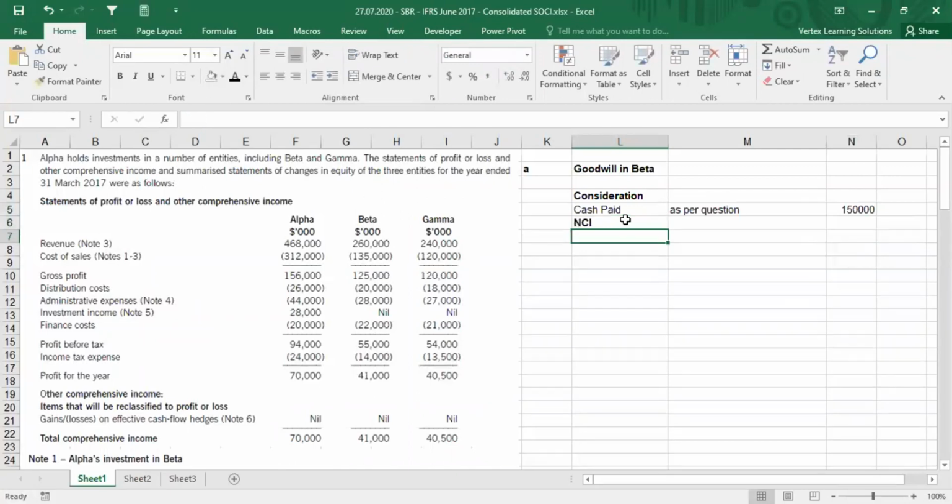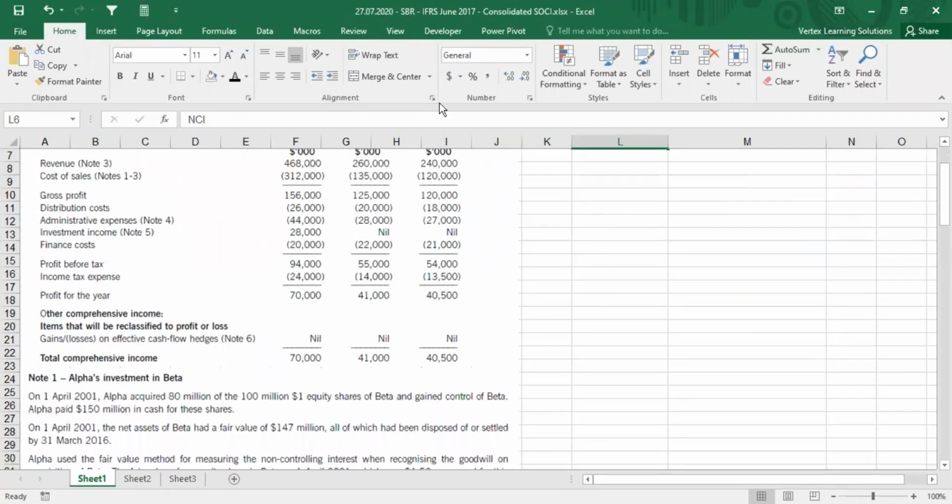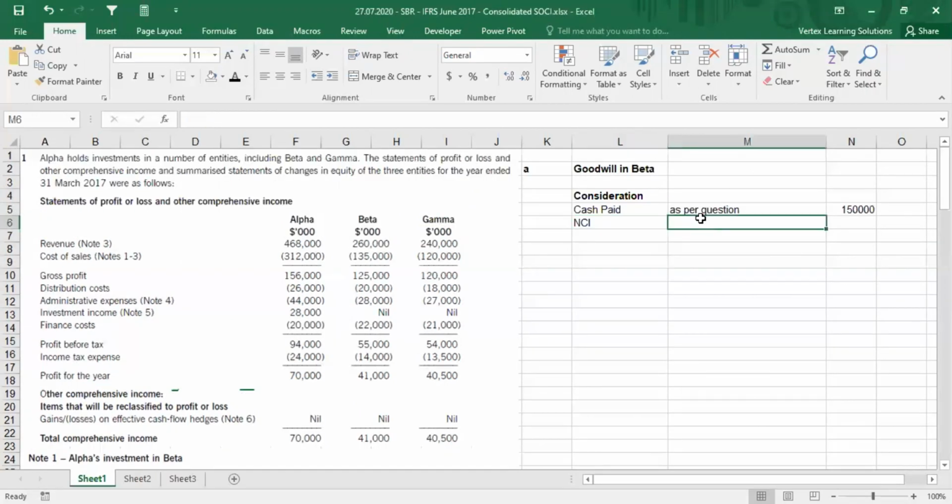And then there is non-controlling interest, and non-controlling interest we are measuring at fair value. So you need to see how many are the shares. There are 100 million shares, 80 million purchased by parent, 20 million are bought by NCI. So it is 100 million multiplied by 20%, which is NCI, multiplied by the value of the share.